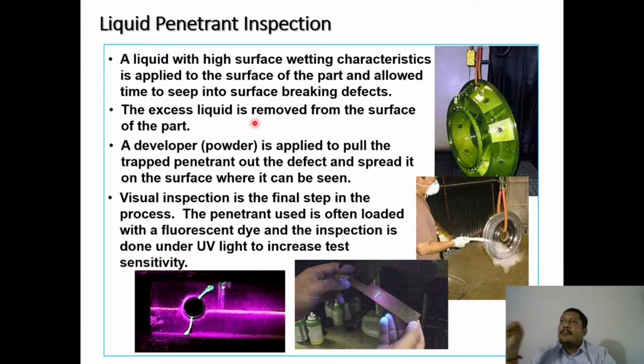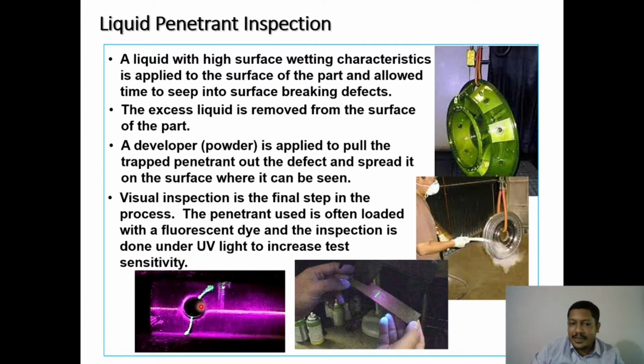Now the next step is applying the developer. The developer allows us to see where the liquid penetrant is present. That area you can see with your eye right now. Normally these penetrants are loaded with fluorescent dyes, so under light you can see that a crack is present over here.